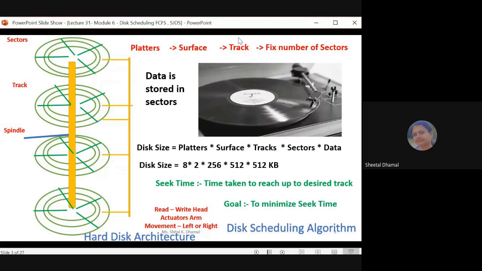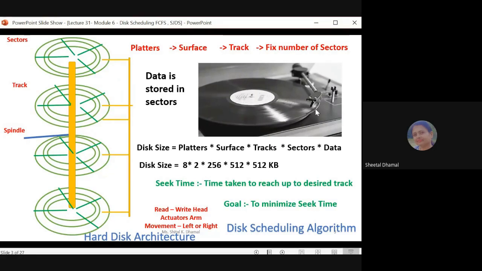In that case, what will your OS do? The OS will shift the read write head, using this actuator arm, from this location to track number 199, because the movement of the read write head is from left to right and from right to left, and the movement of the platters is either clockwise or anticlockwise. So the OS will move the read write head from track number 0 to track number 199, and here we will calculate this time.